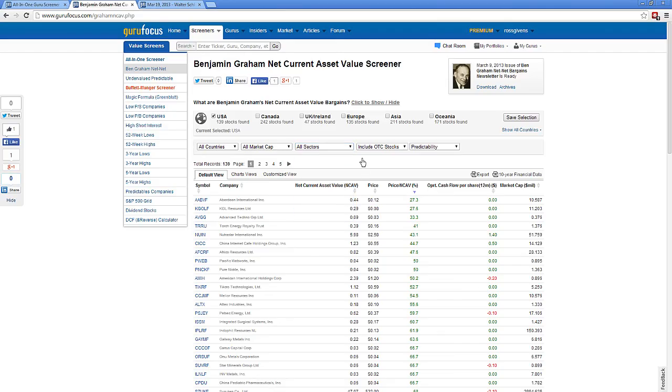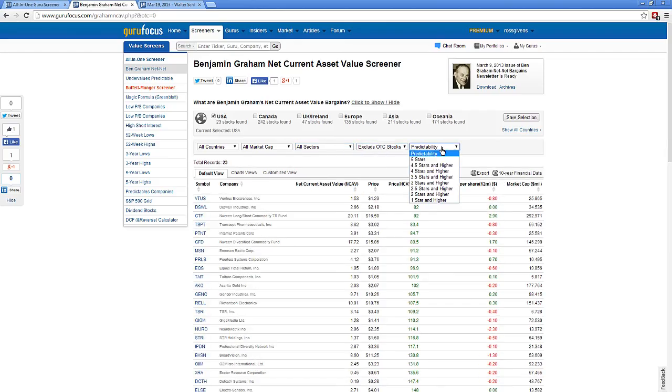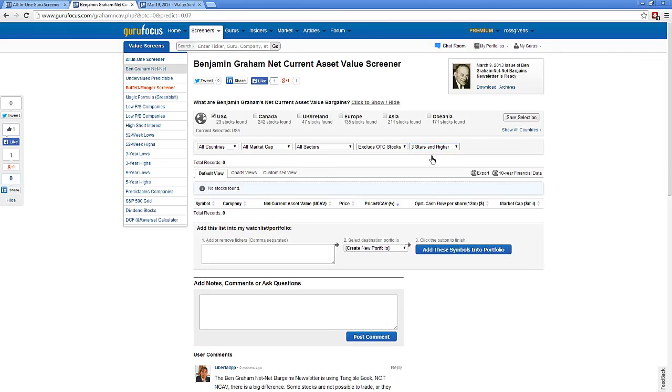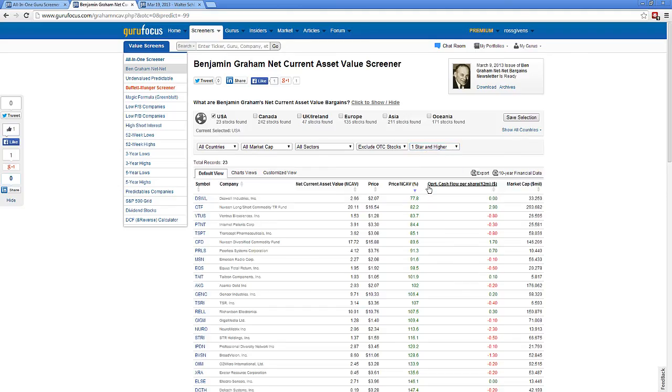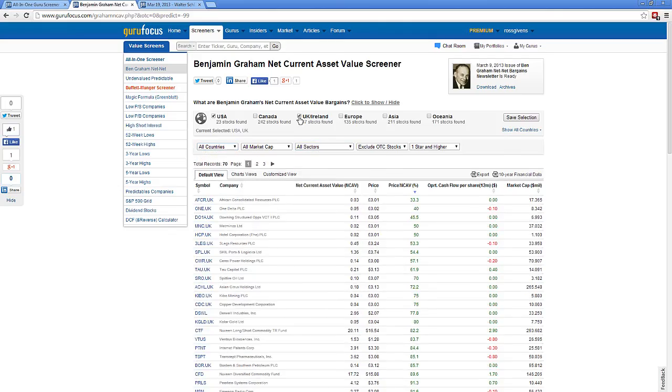You can't select multiple of them here, but you can choose the sectors you want to see. You can exclude the OTC stocks. You can do the same predictability scans, 3 stars or higher. With the Ben Graham formula, you're not going to get any stars since he's looking for just deep discount stuff. But you can scan for different market caps, countries, and sectors as well. And once again, you can choose different countries.